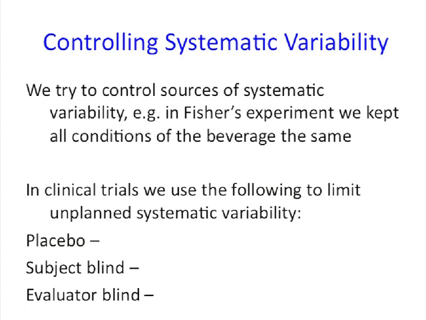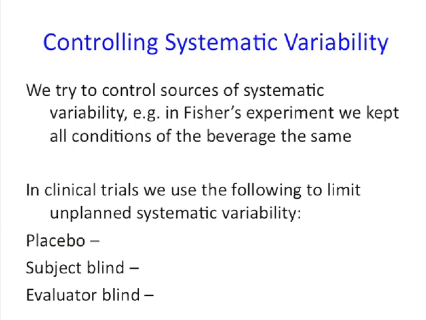In the field trial, we introduced various sort of precautions to try and also control the amount of systematic variability. The placebo is a way of controlling the bias that has to do with the fact that you're just taking a medicine even if it has no effect. Therefore, they gave the medicine to everyone.